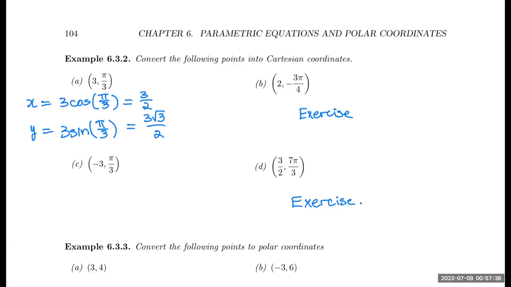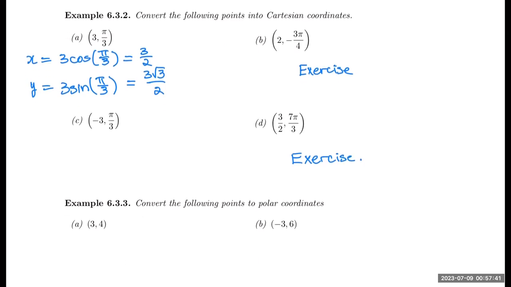And same thing for part C, but this time we have a negative r value. So we do the same thing. x here is then negative 3 cos pi over 3, which gives you negative 3/2.